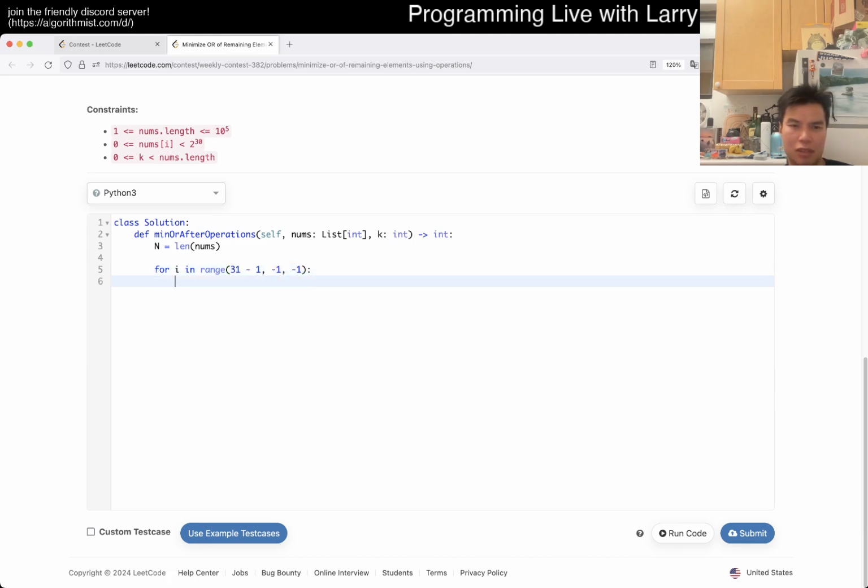Did I add this? I don't know if I did, but okay. I think I had the wrong thing before too, but oh well.